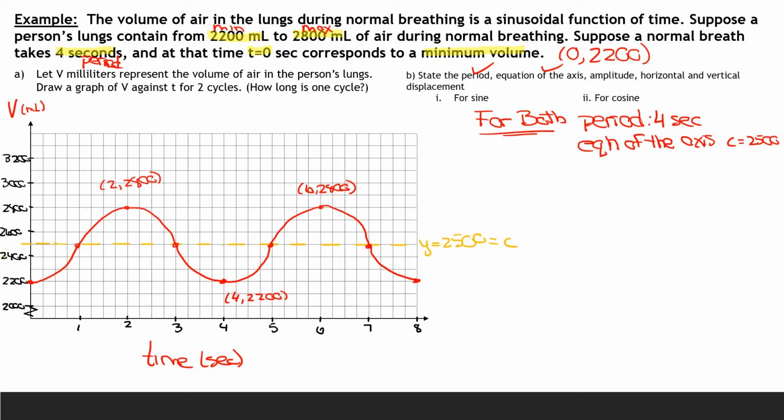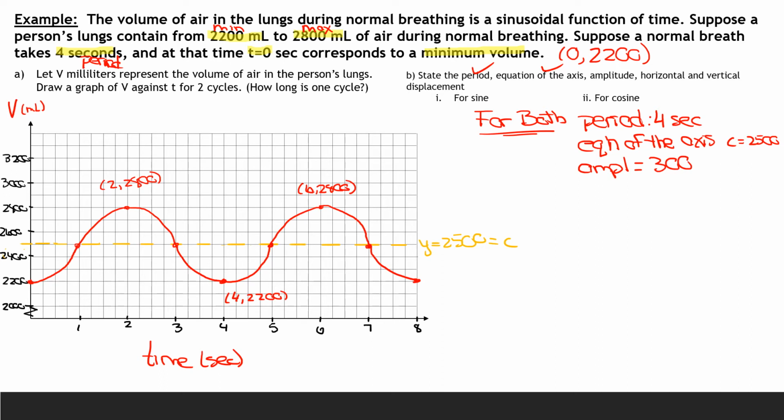Amplitude is the positive distance from the equation of the axis to any max or min. So this space right here or this space right here. So from 2800 to 2500 or from 2200 to 2500. So our amplitude is 300.